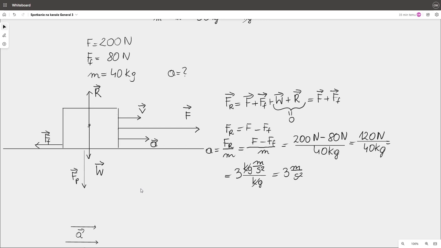If we add friction force, it doesn't change forces acting in vertical direction. You can see it here, the same forces. And here friction force, external force, velocity and acceleration.